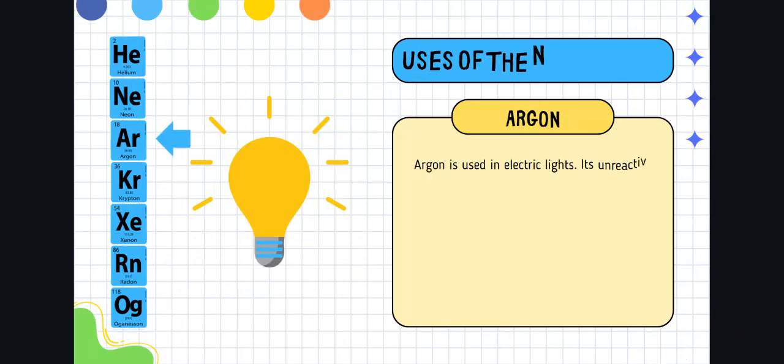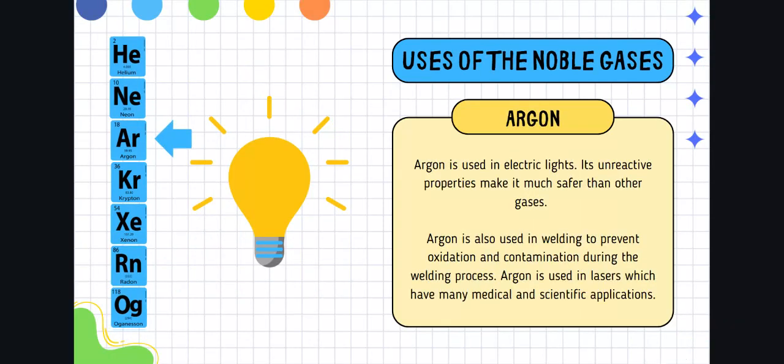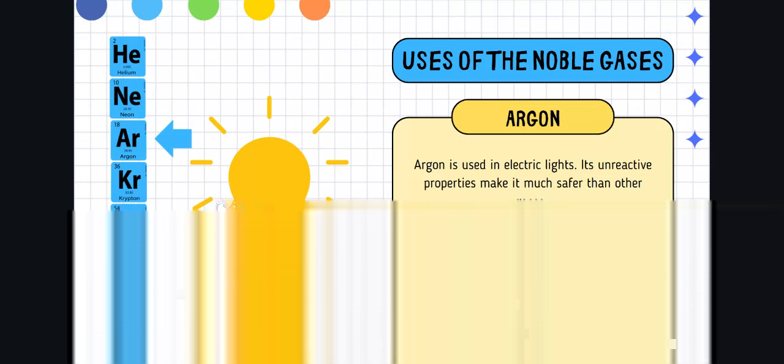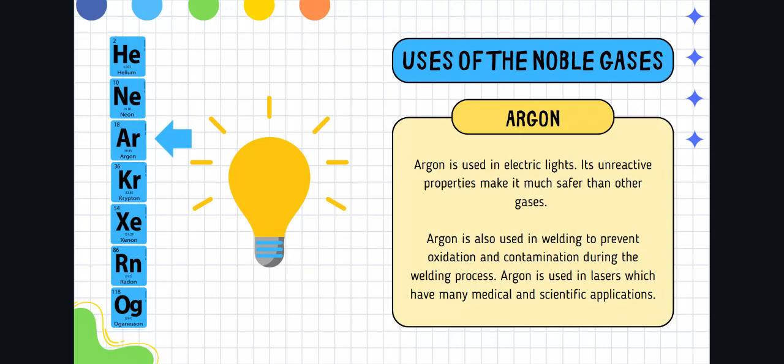Now, let's learn about argon. Argon is used in electric lights, like your car lights or the lights in your house. And since it's a noble gas, its unreactiveness is what makes it so much safer than most other gases. Another less common use is welding, to prevent oxidation and contamination during the welding process.